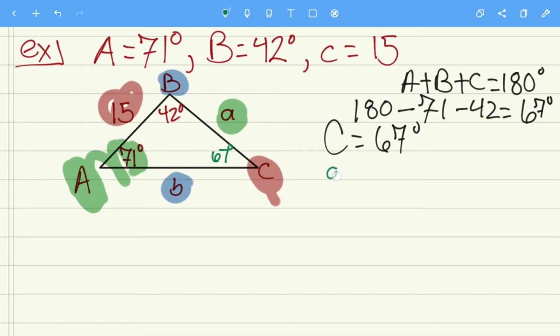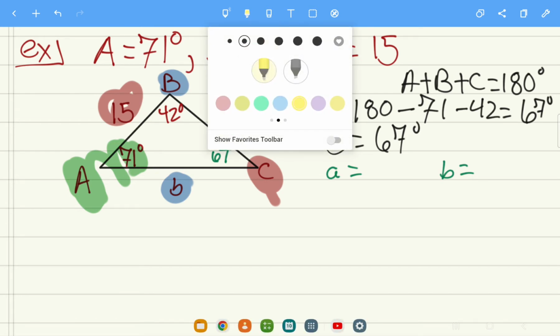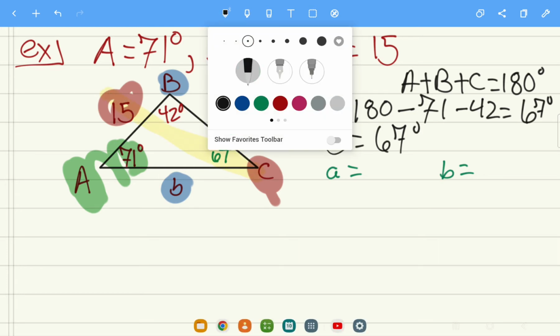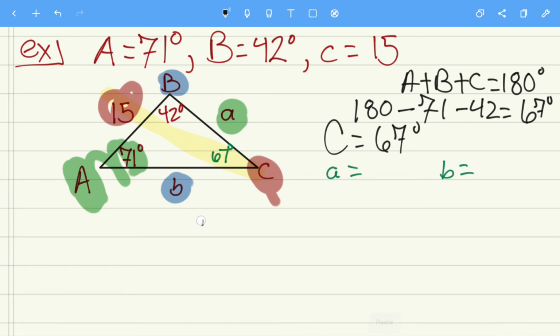Now let's figure out what side A and side B equal. And now we can use our law of sines. So you're going to want at least one angle side pair. In this case, we do have side C and angle C. That is perfect. So I'm going to go ahead and set up our formula. We're going to put side C over sine of C. And then let's solve for side A first.